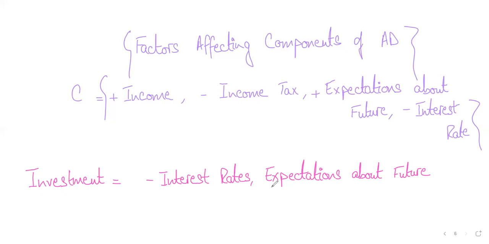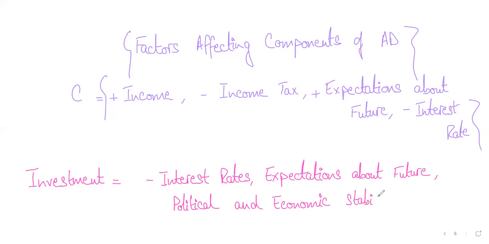What else? Then I said another thing, political and economic stability. Why is this important? If you think of foreign investment, foreigners or foreign businesses will invest in your country given it is stable.